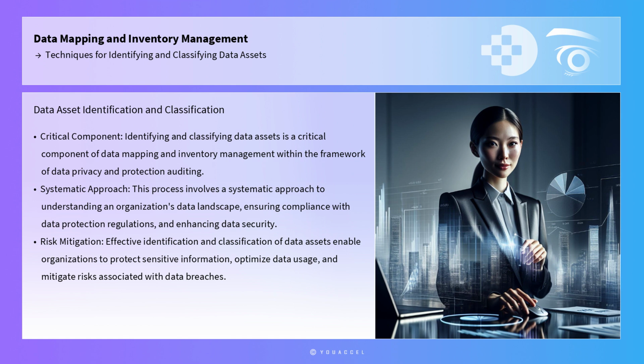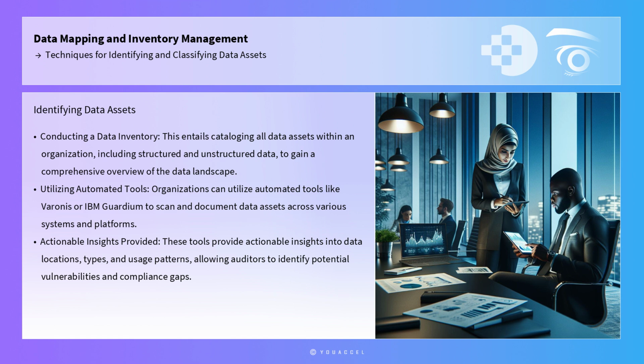Effective identification and classification of data assets enable organizations to protect sensitive information, optimize data usage, and mitigate risks associated with data breaches. One of the fundamental techniques for identifying data assets involves conducting a thorough data inventory.